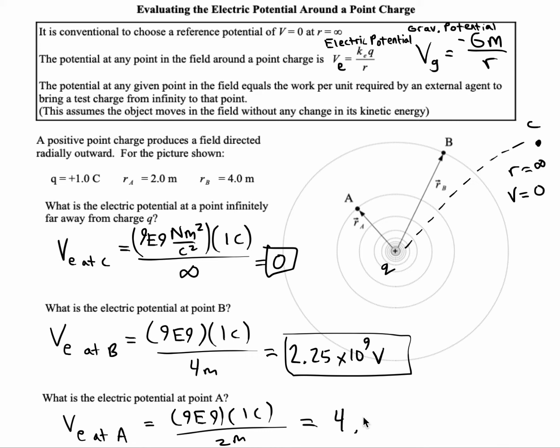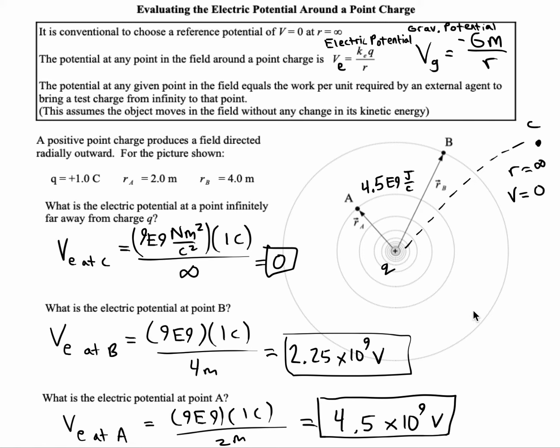I'm getting 4.5 times 10 to the 9 volts, so it is a greater potential at A than B. So anywhere on this equipotential circle here, the potential will be 4.5 times 10 to the 9 joules per coulomb, which is a volt.